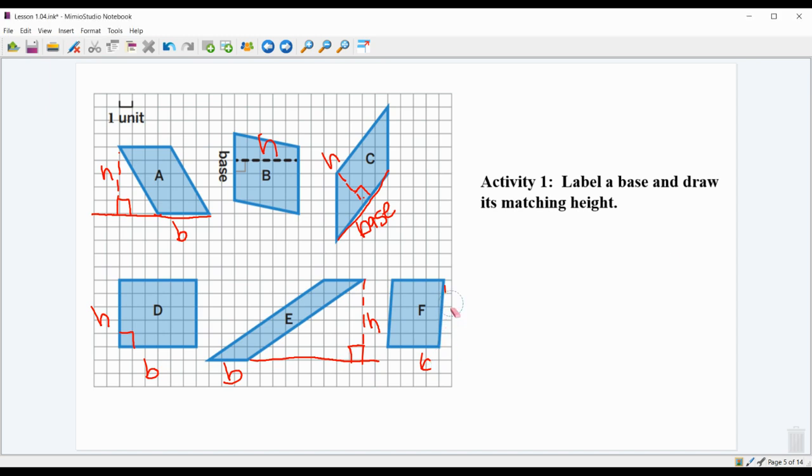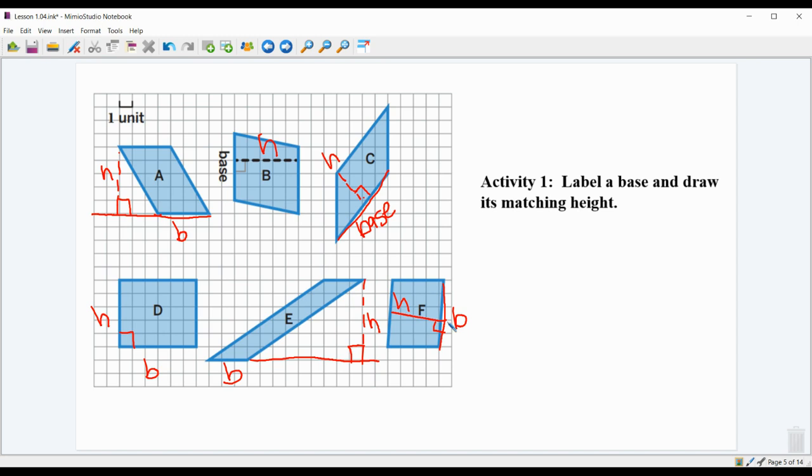Now I just want to show you, again, a little tricky. If I chose this line right here as the base, then it's a little harder. It's not going to be a horizontal line because this line right here isn't straight up and down, so it's actually slanted a little bit, and that would be my height.